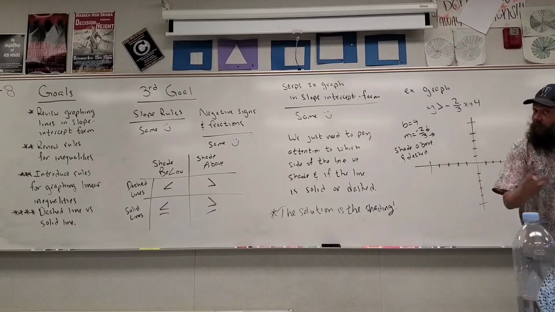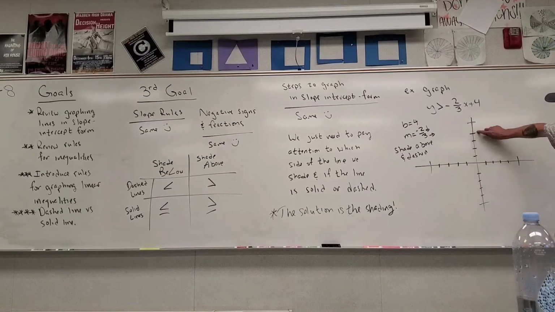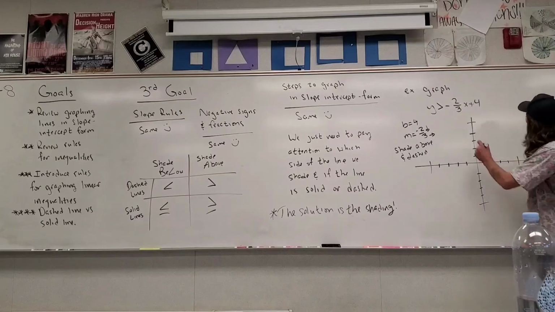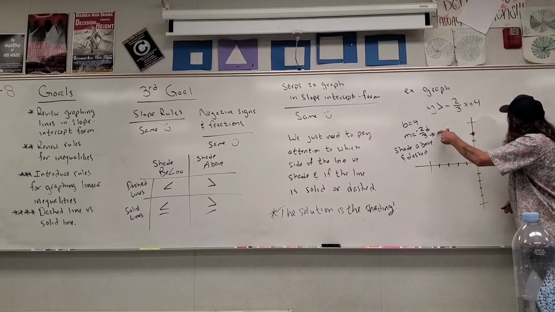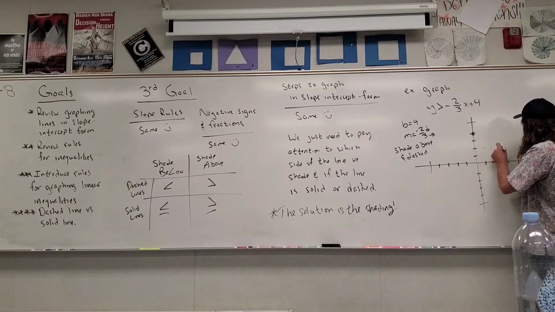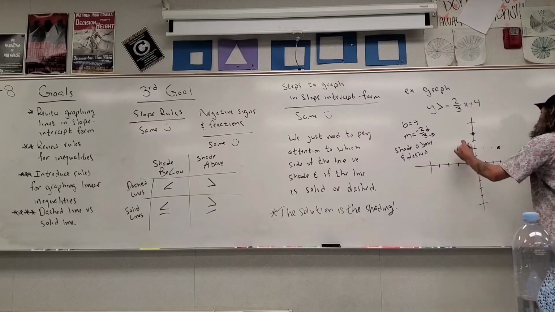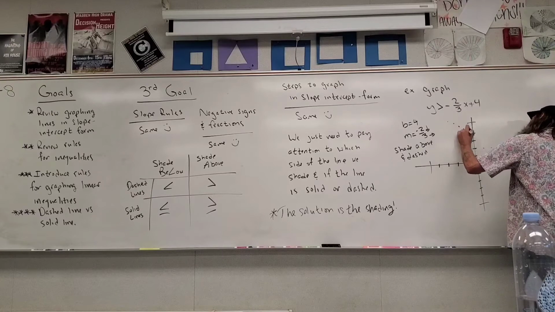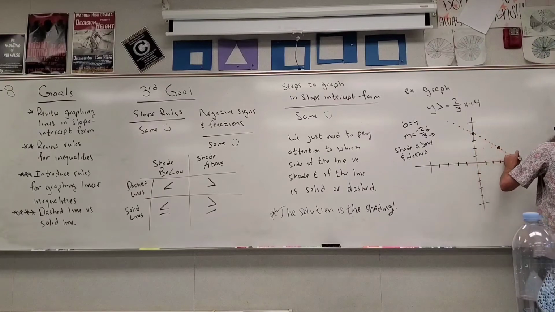So I know everything I need to know to graph this. I begin at 4, 1, 2, 3, 4. I rise down 2, I run right 3, 1, 2, 1, 2, 3. My line is dashed, so it's going to look like this. And I shade above.